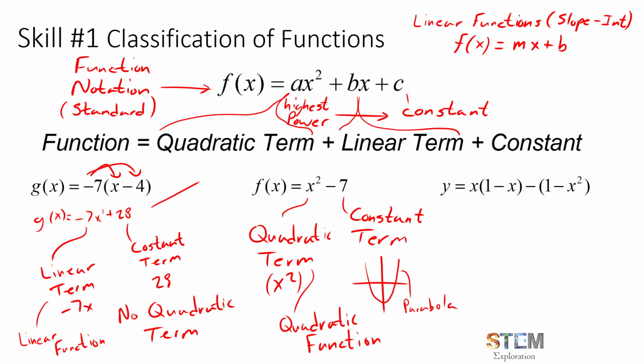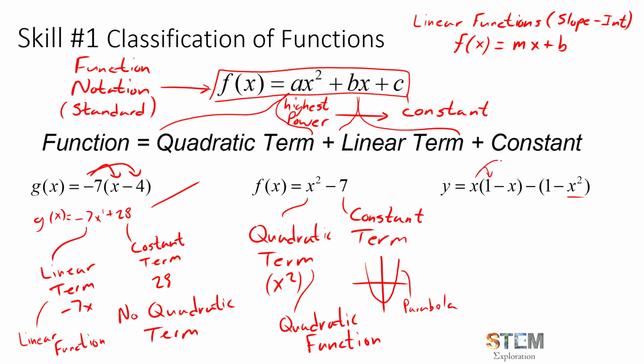Now, something to be careful of, I put this example in here for a very specific reason, and one is that you may see an x squared term here, and part of the reason that we like to rearrange it in the standard function notation, like it's written up here, is that if anything's going to cancel out, you can see it clearly unfolding and you know what type of function it is that you're dealing with. So even though I look at this function and I go, oh, there's x squared, this is obviously quadratic, it may not necessarily be the case.